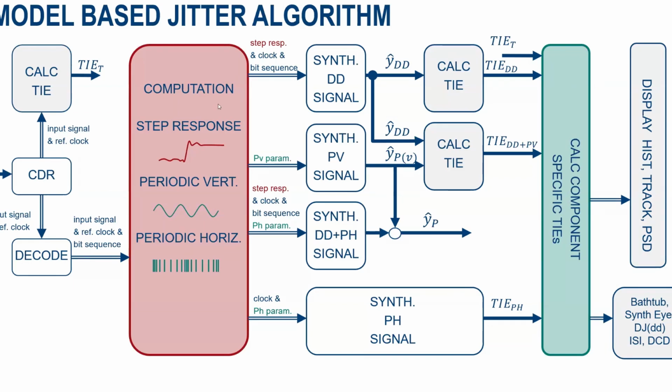And then we do a computation where we filter that ideal waveform through a step response filter. And the step response filter that we convolve the signal with is optimized to match the waveform that we measured, relative to the ideal waveform. So we're essentially filtering it to make it look like the measured waveform.